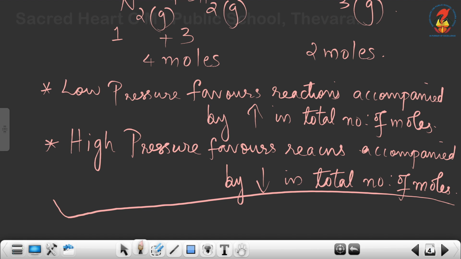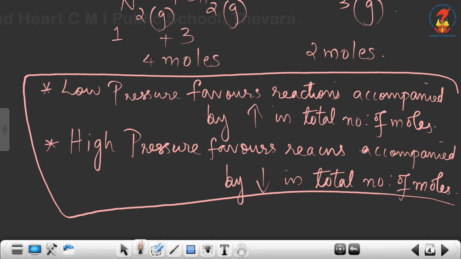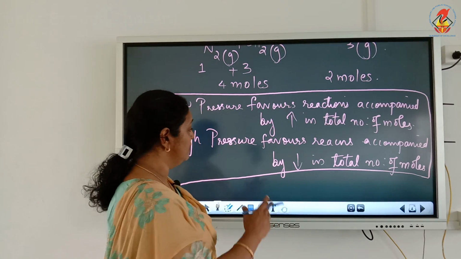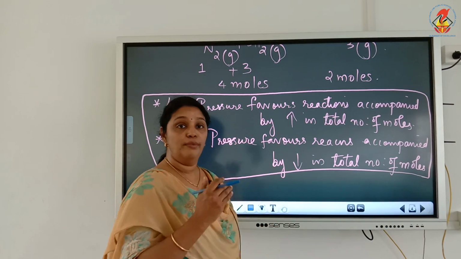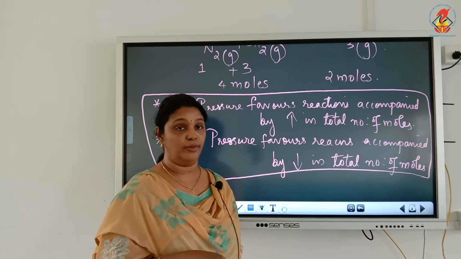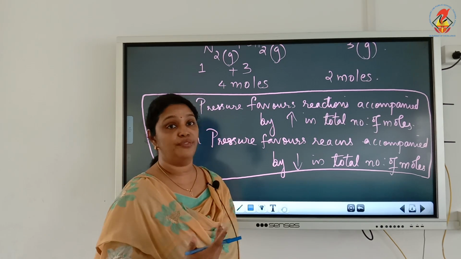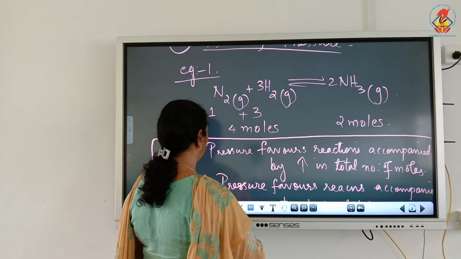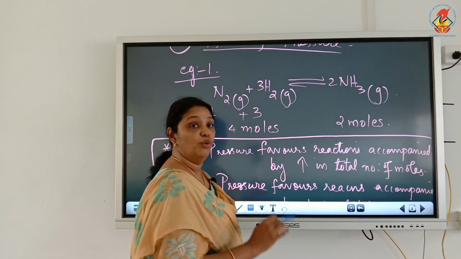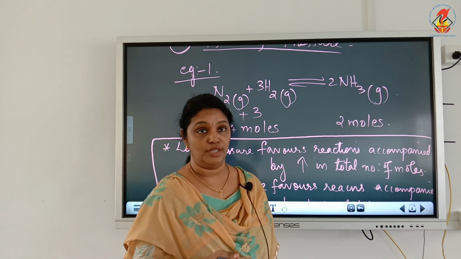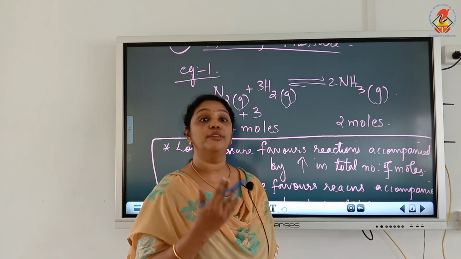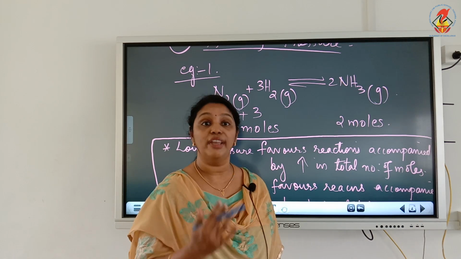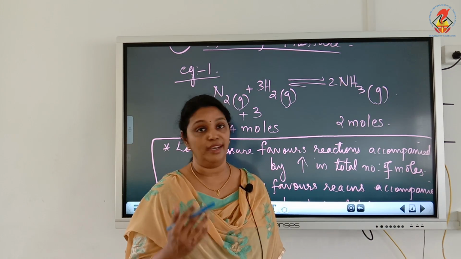Again, these two points are very important to study the effect of pressure. The meaning of the second point is, when the total number of moles decreases, high pressure is favorable. So you can see in this reaction, in the formation of ammonia molecule, the total number of moles decreases in the forward direction. So high pressure favors the forward reaction, which means high pressure favors the formation of ammonia molecule.